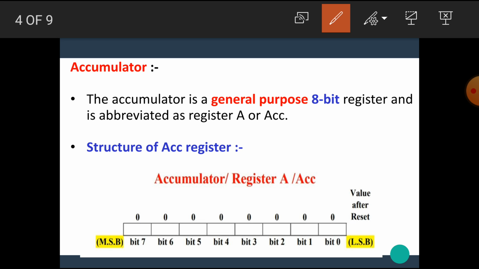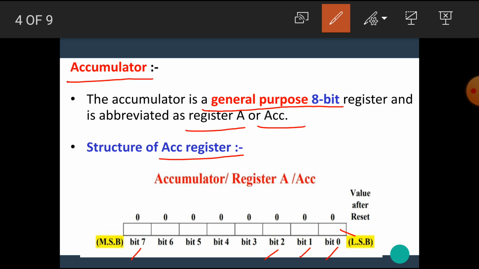Our first register is the accumulator register. The accumulator is a general purpose 8-bit register and is abbreviated as register A or ACC. The structure of the accumulator register is shown here. The accumulator register is made up of 8 bits: bit 0, bit 1, up to bit 7.